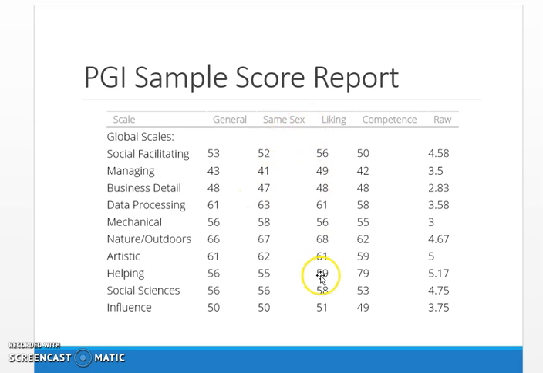And then you have this liking column. This is how interested you are in this area, and competence is how competent you feel you are in this area. So even if you didn't get a separate line on your chart showing that these are super different, you may still notice some differences.